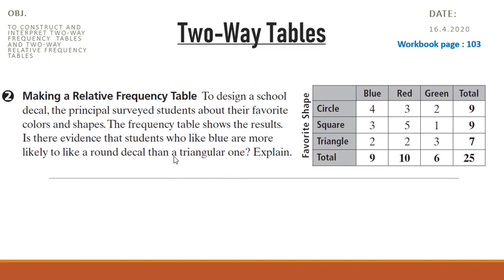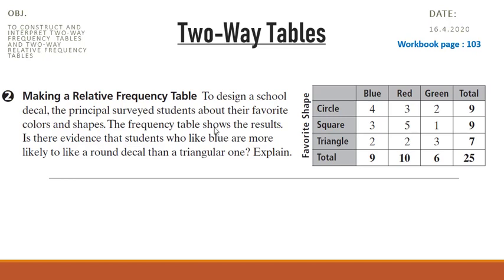We are here comparing: is there evidence that students who like blue are more likely to like round or triangular decals? So we are comparing round decal and triangular decal, circle and triangle, for blue.